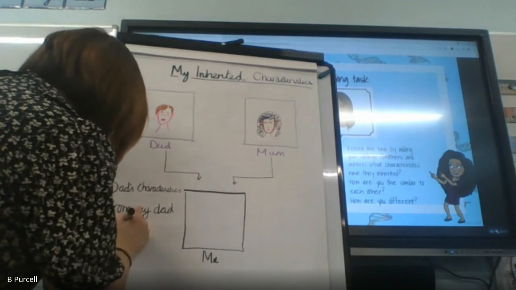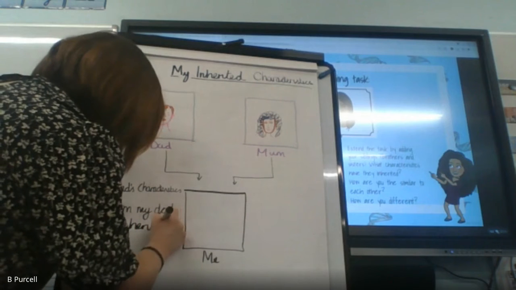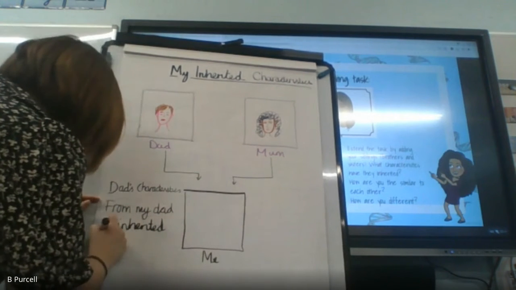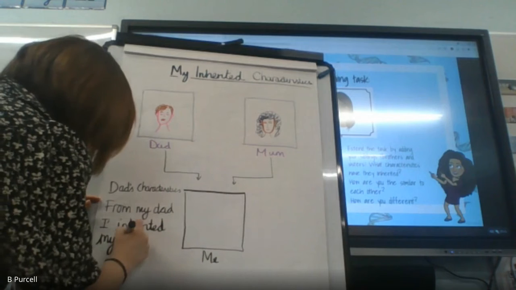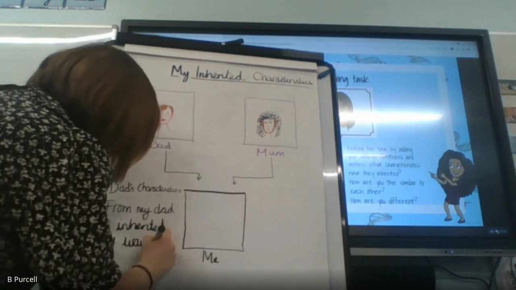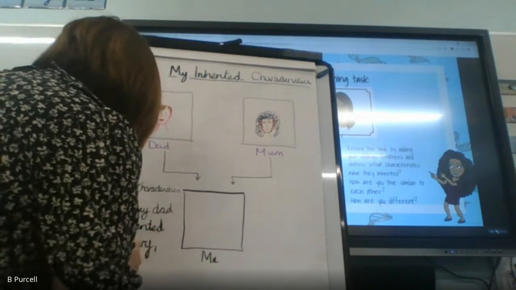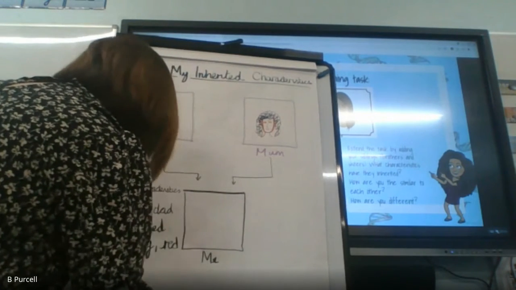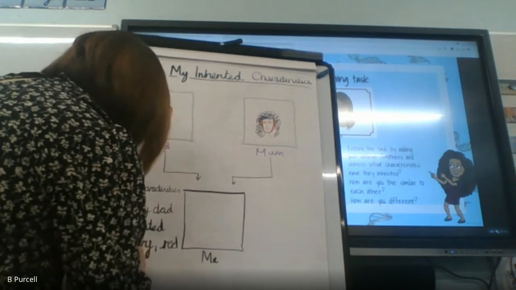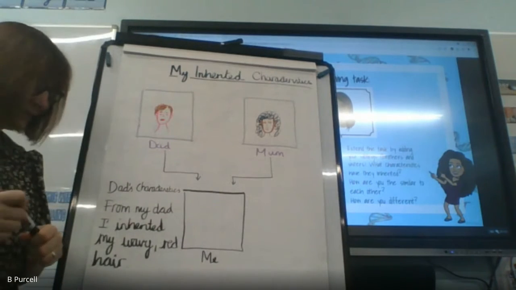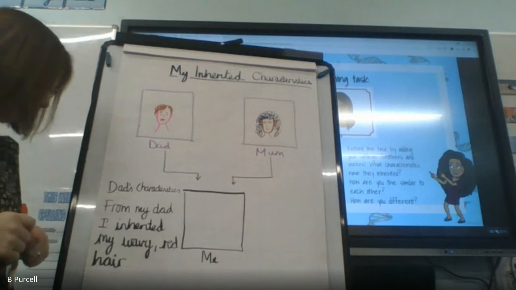I inherited my wavy red hair. So I actually did inherit my hair colour from my dad, not from my mum.